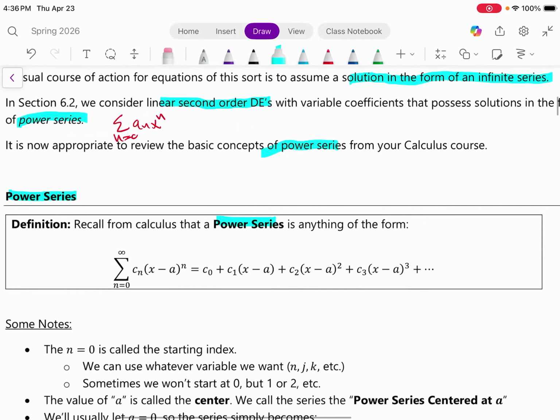We have an infinite series, we have a constant c sub n, and we have x minus a raised to the n. This a, if you recall, is the center of our power series. That's the general term, and c naught plus c1 times x minus a plus c2 times x minus a squared is just these terms expanded out.